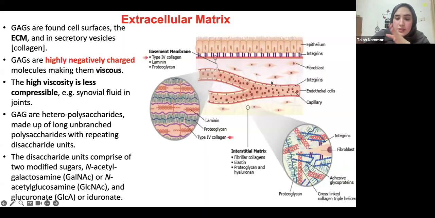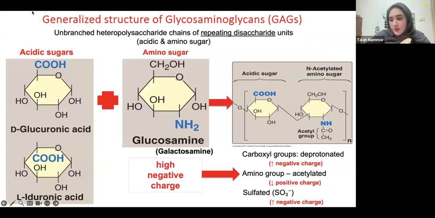This acidic sugar comes with an amino sugar, N-acetyl galactosamine or N-acetyl glucosamine. Then they come together, forming the glycosaminoglycans. All right? Is this clear? Okay, so this is clear, I hope.